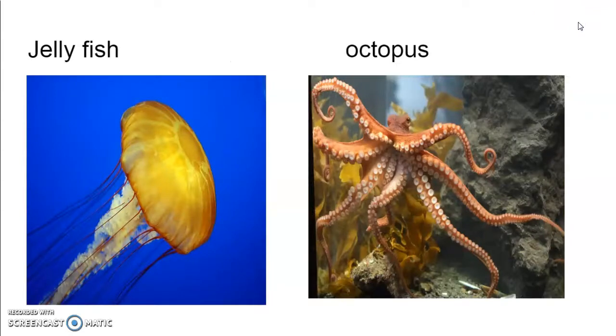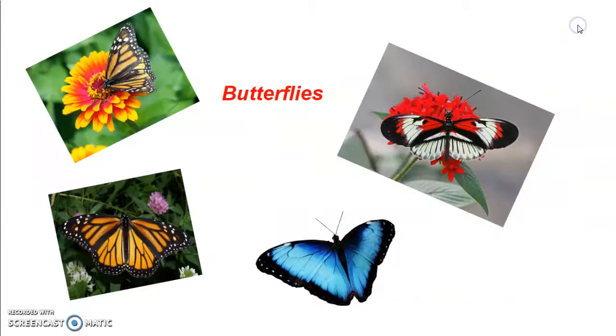Here are examples of invertebrates: jellyfish, octopus. These are not in your lesson, but I like to give you some more examples so that you can understand more. Look, the octopus has 8 legs. Butterflies.